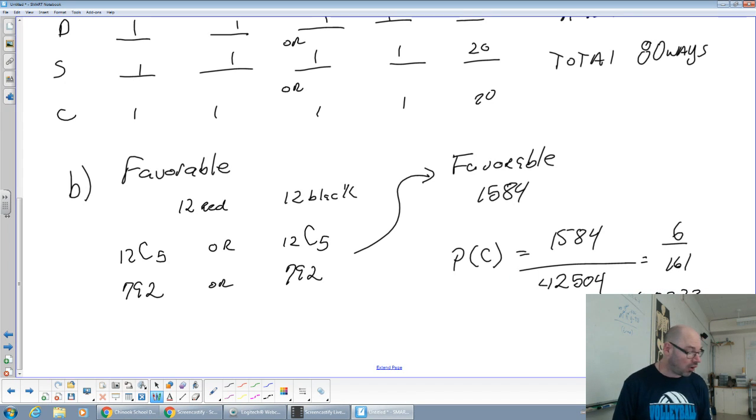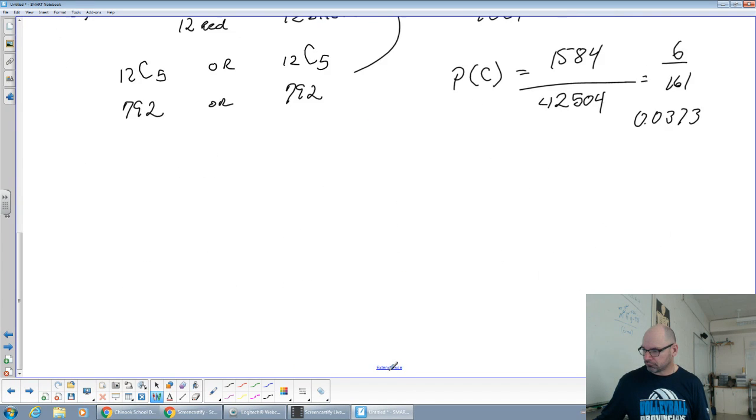Okay, the last one. All 4 of a kind. 4 cards of the same rank. Okay, so this one has lots of cases. You can have 4 aces, 4 kings, 4 queens, 4 jacks, 4 tens, or 4 nines. So we have 6 possible ways to get 4 of the same kind. So if we think about it, let's do one hand.